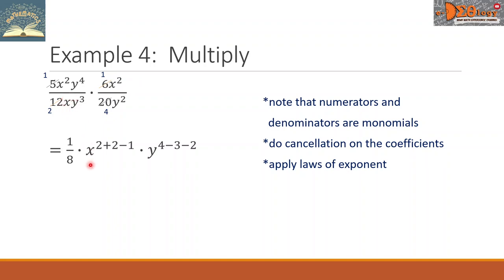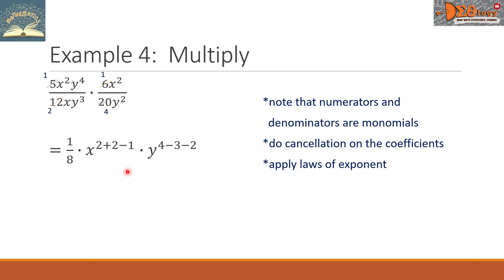So we can write x raised to 2 plus 2, then minus 1. What about the y variable? There is y raised to 4. There is y cubed in the denominator, another y squared in the denominator. So we write y raised to 4, then minus 3, then minus 2.